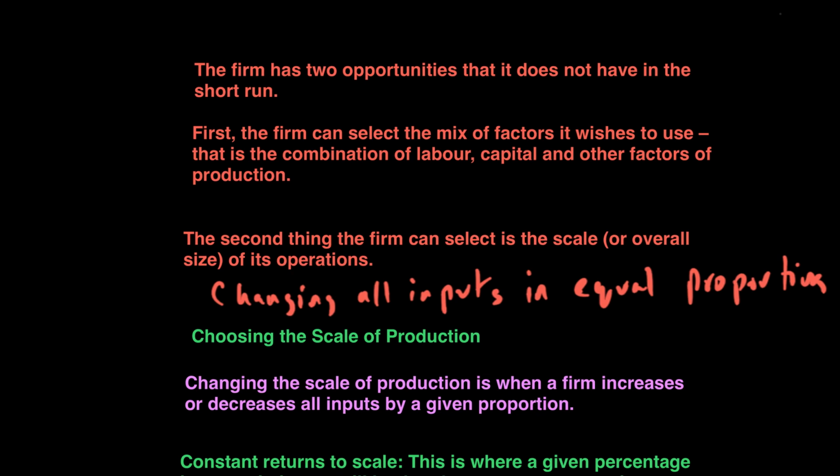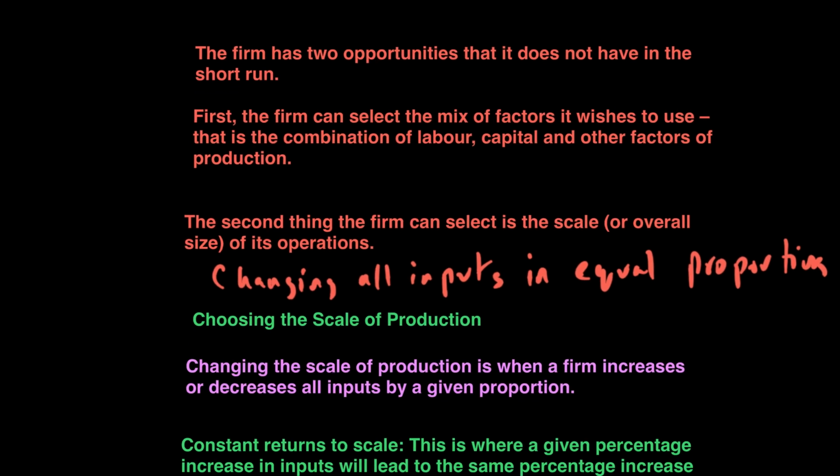For example, doubling all inputs, or increasing our inputs by 75% or by 10%, or even reducing them, that's what we call changing the scale of production. So with the factor mix, you can have any combination of land, labor, capital, enterprise, versus with the scale of production I can change them in an equal proportion. It could be 50%, 20% and so on. That's an important thing to understand.